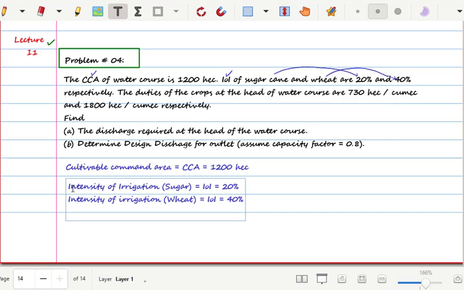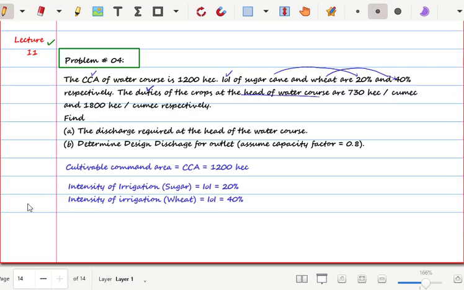What else? After that, the duties. Duties are given to us. Duties of the crop at the head of water course. These duties given to us at the head of the water course are 730 hectares per cubic and 1800 hectares per cubic respectively.